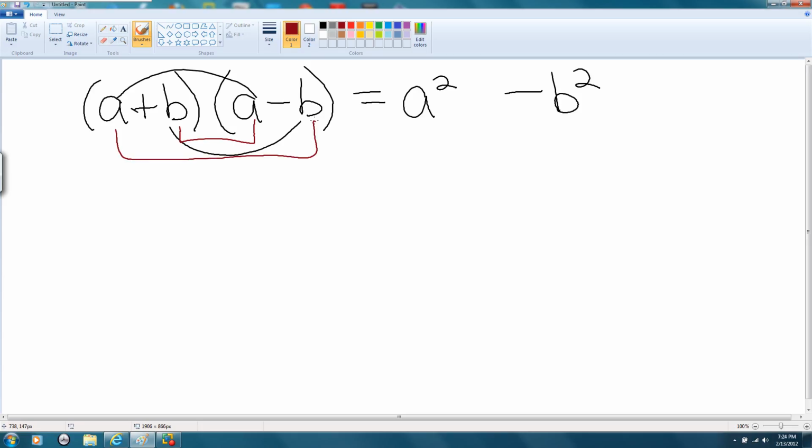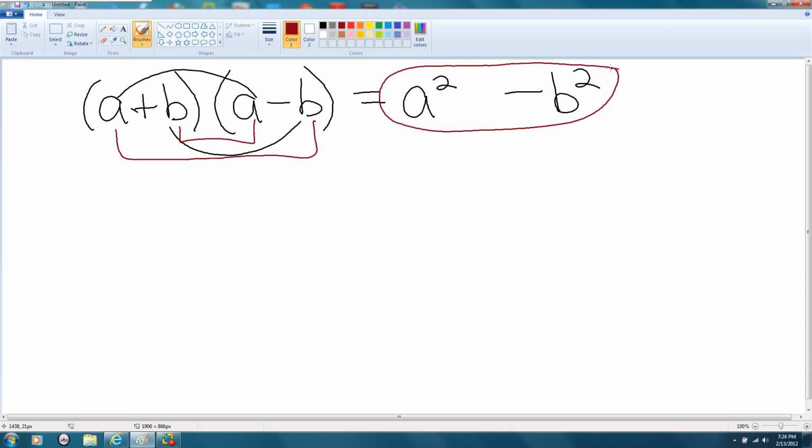And so a plus ab minus ab is 0. So this is our product of multiplying a plus b times a minus b. And we're going to be looking for those types of things in the future.